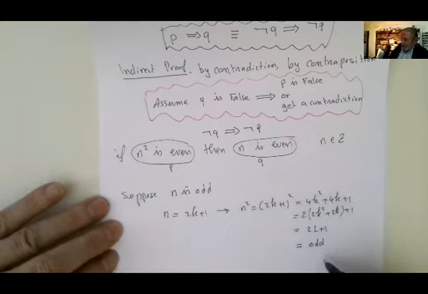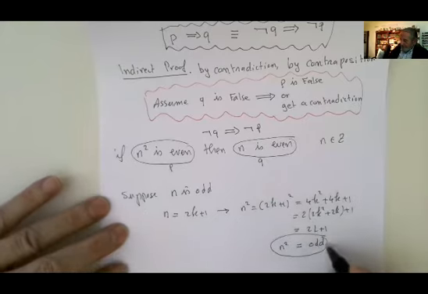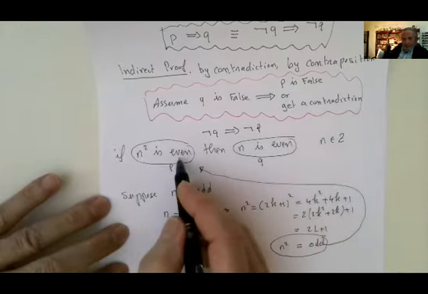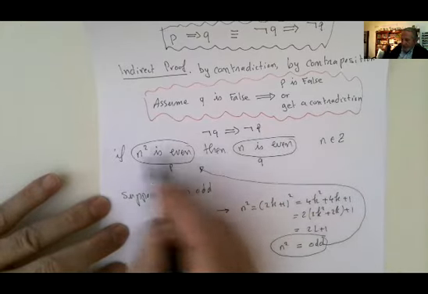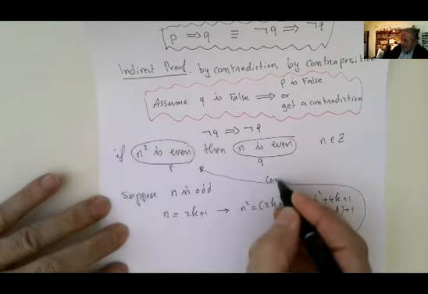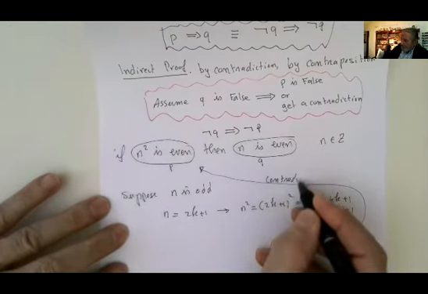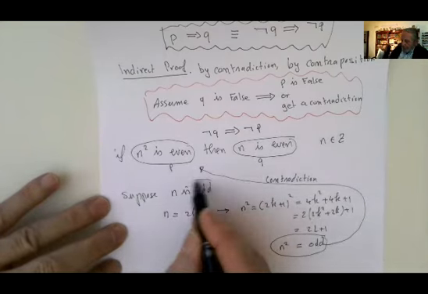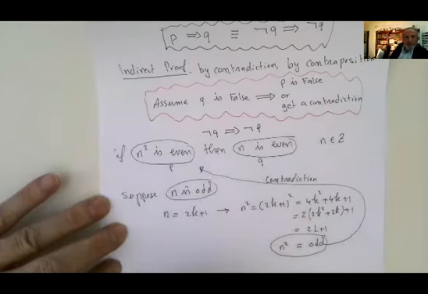So now n squared is odd, see? And n squared is even, because that's the assumption we started with. See the contradiction? This contradiction happened because we assumed n is odd. Therefore, n must be even.